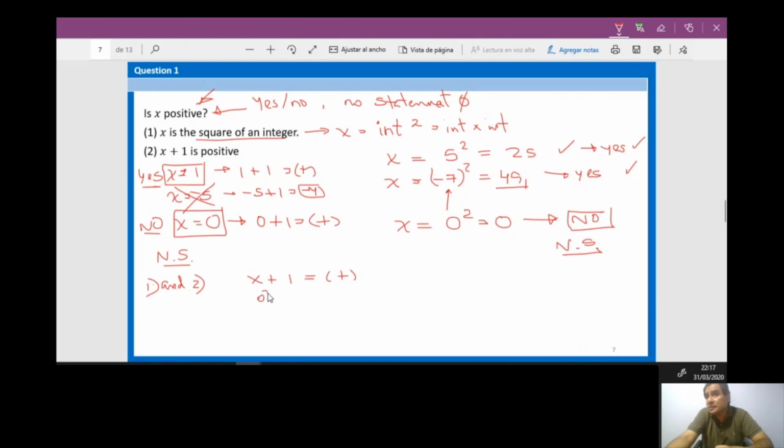This is 0 squared plus 1, that gives 1, which makes the statement true, but the answer to the question with x equals 0 is no. And we could have, for example, x equals 2 squared. That means the square of 2 plus 1, that gives 5, which makes the statement true. But with this value of x, that means 4, the answer to the question is yes. Again, the same situation, not sufficient.